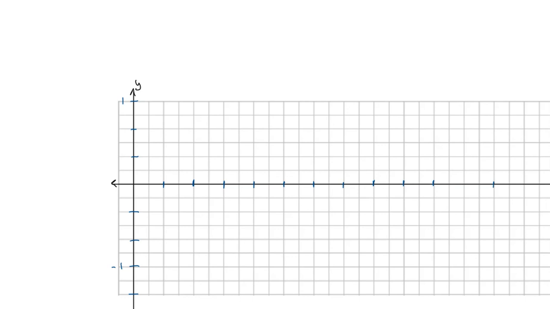So again, that was because of the phase shift. The phase shift was not huge, but it was enough to the side that even putting my y-axis all the way to the back wasn't enough. So this is the kind of thing that happens.